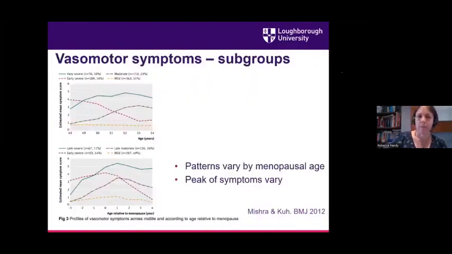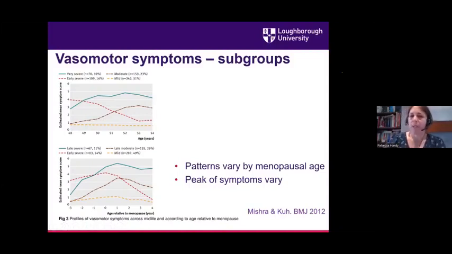Another way of doing this is to look at subgroups of women. Now, not all women experience menopause in the same way, and not all women experience symptoms. And this is again using the 1946 British birth cohort study, where Mishra and Koo tried to identify subgroups of women who had similar patterns of these vasomotor symptoms. Now, the first graph here is looking at symptoms by age, and you can see not that interesting in terms of the patterns.